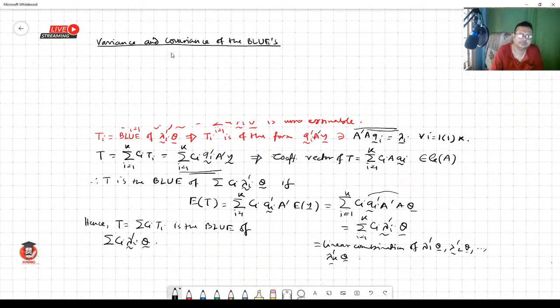So let λ'θ and μ'θ be two estimable parametric functions.